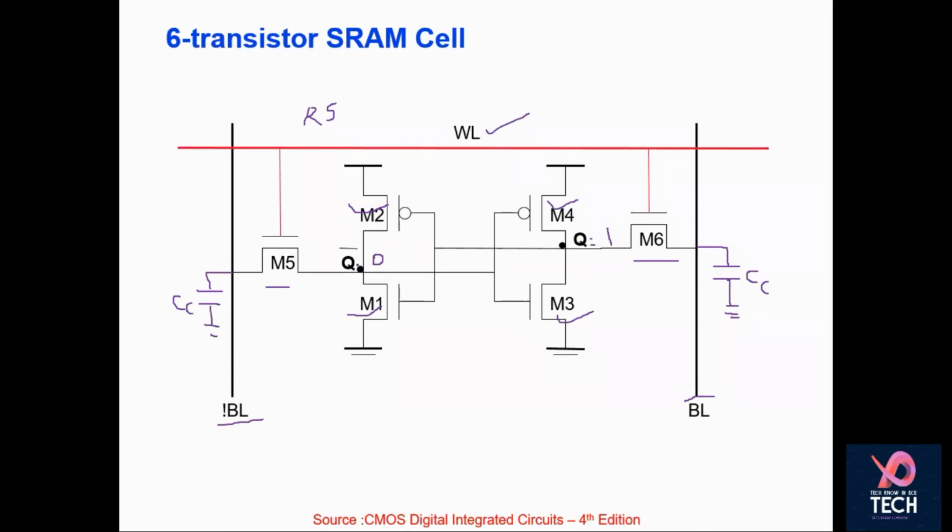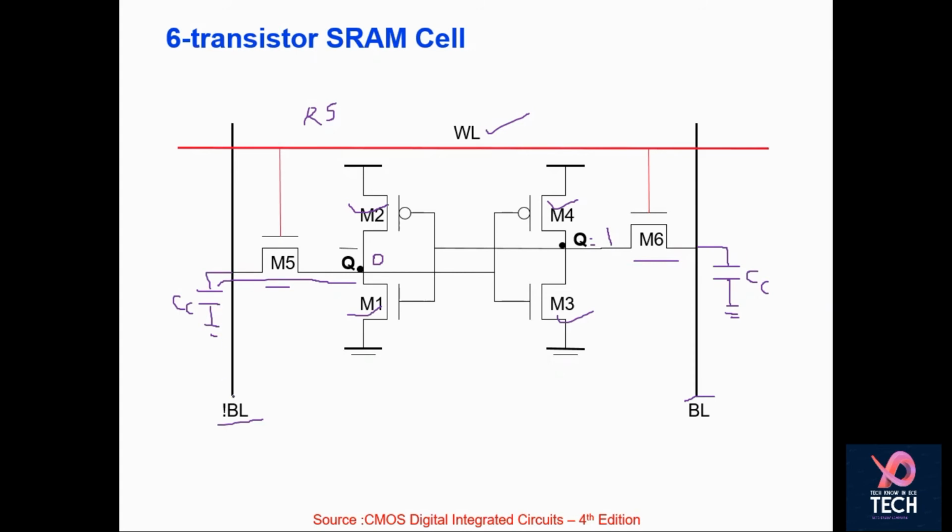So when this is 0 and this is on, this particular capacitance will try to charge this particular node, or some difference is there, and because of that there is some fluctuation in the voltage of this particular capacitance.